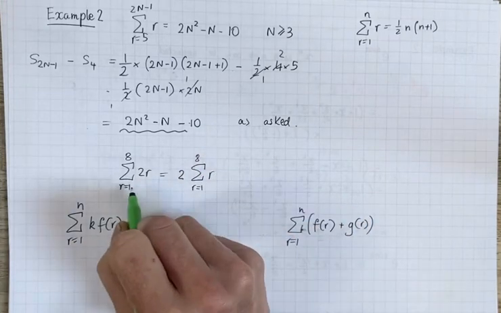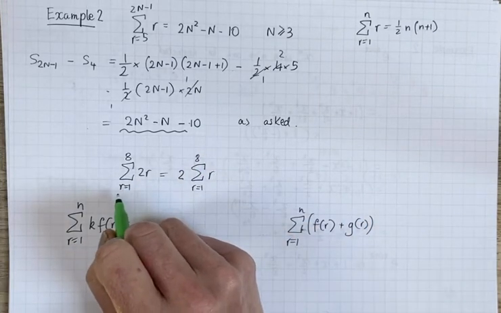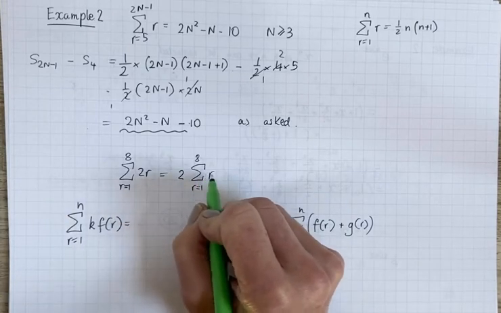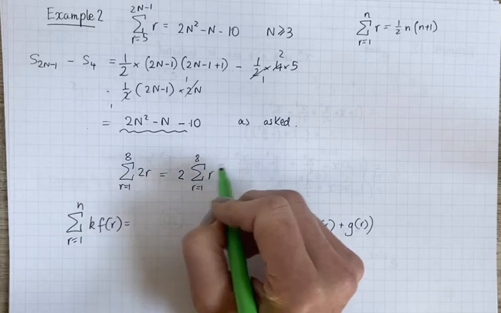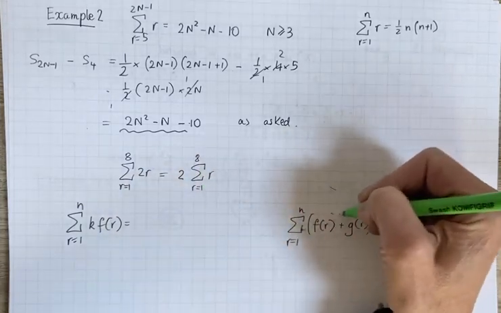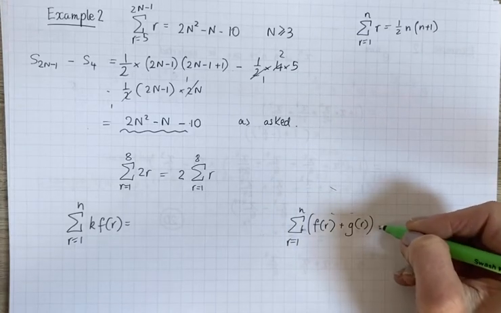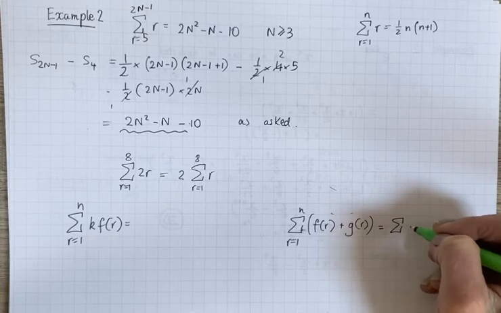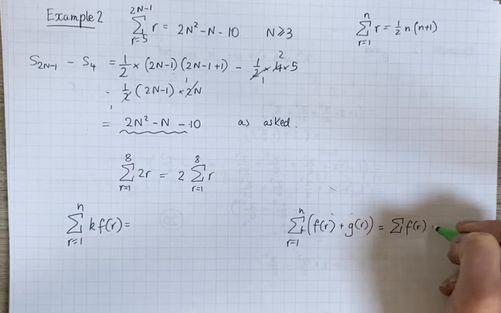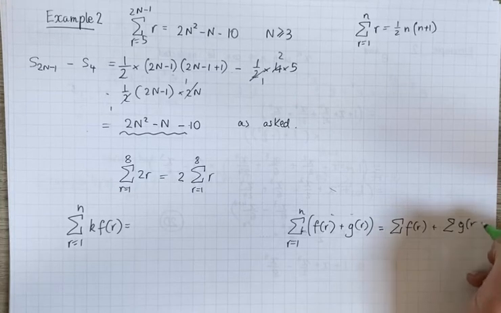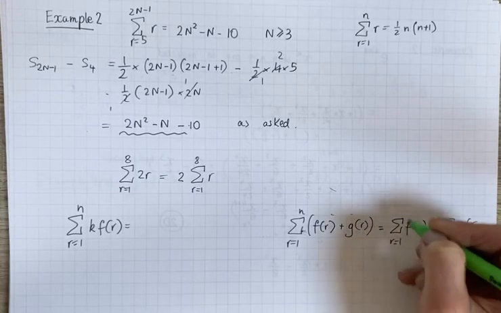Rather than thinking about 2 times 1, 2 times 2, you could work out what the sum of r is and then multiply the result by 2. If you're adding them, we've done this, you could just find the separate sums and then add the 2 results together. So it's quite intuitive, I think. Normally that's what people do.